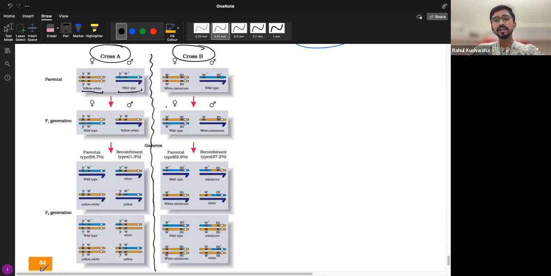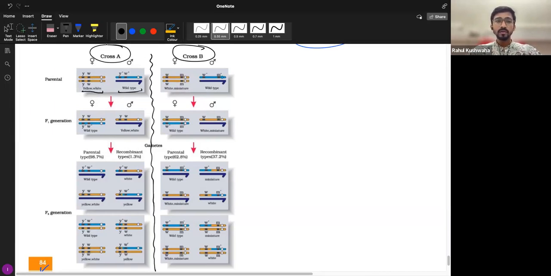But maybe they want to teach you that wild type is where mostly dominant characters express, and the other is homozygous recessive characters. So it's not like in nature you will not find yellow and white bodied flies. You will find them, which means those are the recessive flies.